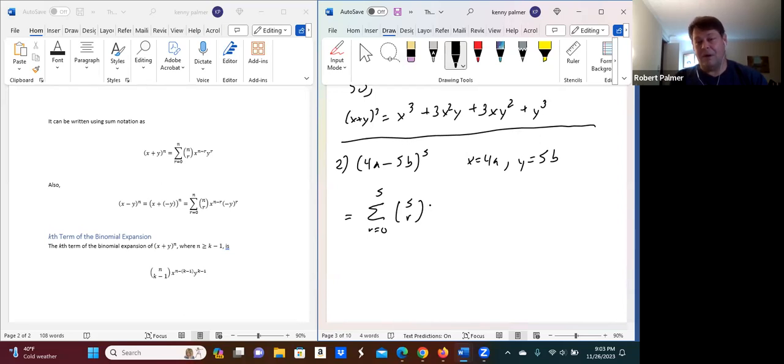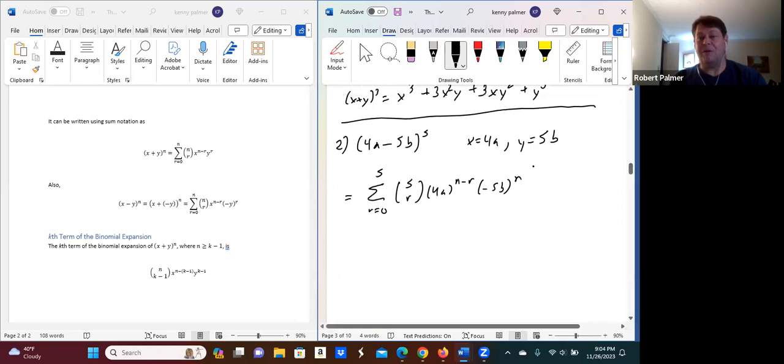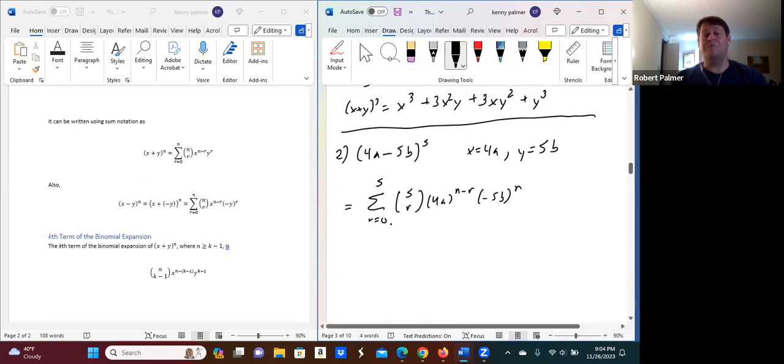Then our x, which is 4a to the n minus r, times our y, which is negative, so include the negative, negative 5b to the r. Okay, so just plugging in everything we have, we make a new formula.